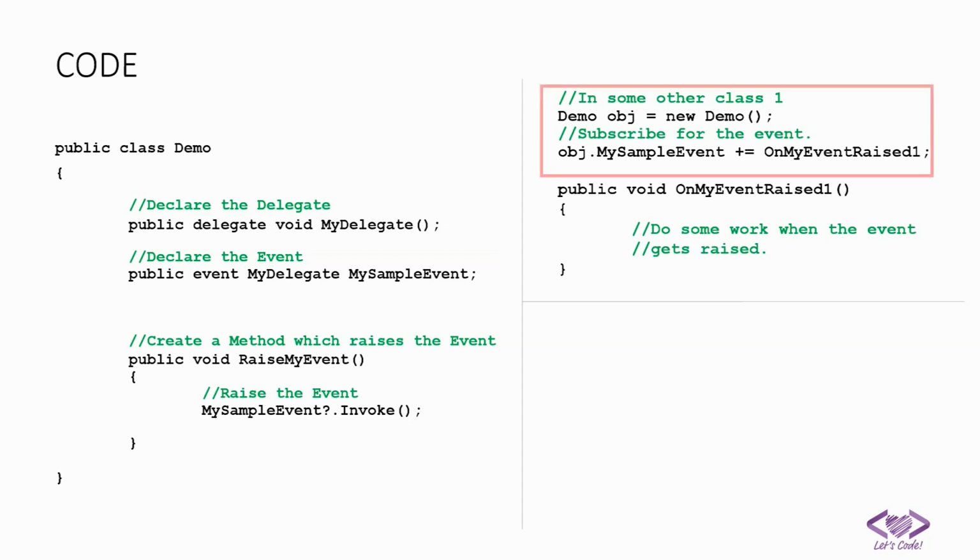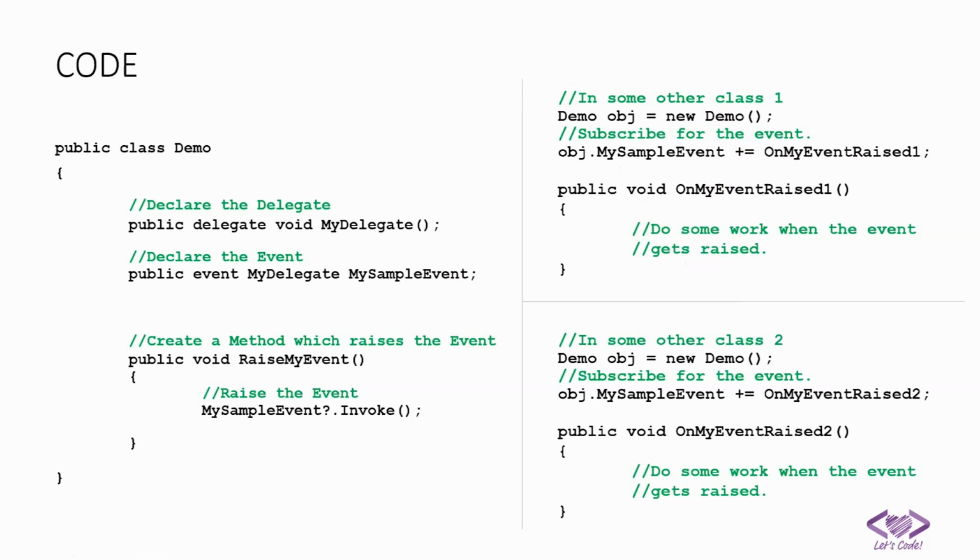From that object we will be subscribing to the event. Here you can see we are saying object dot the event name plus equal to the method which is local to that class. Similarly, we will have one more class where again we are doing the same thing. Now for the same event, two classes have registered.